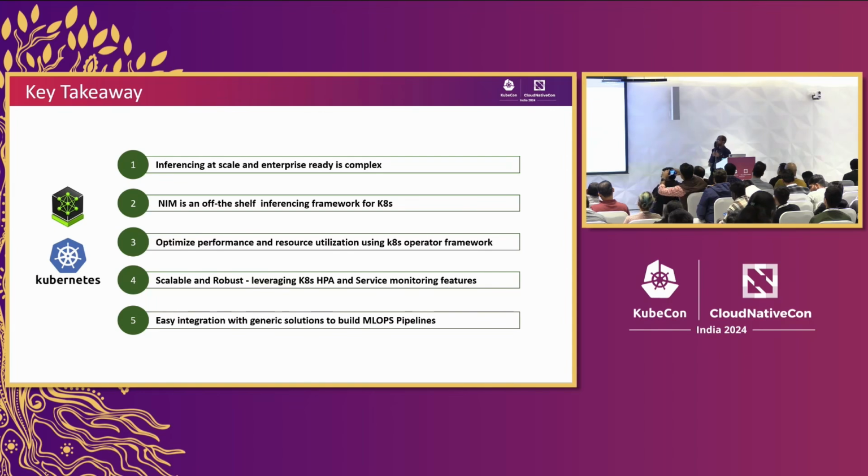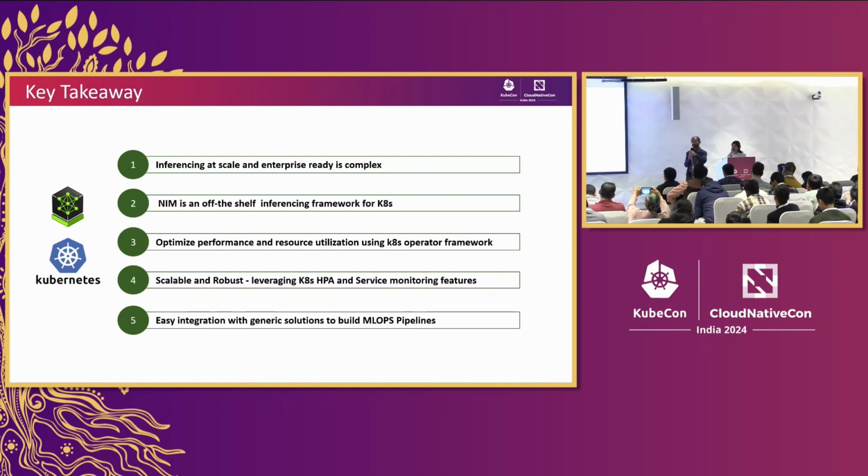Just to conclude, this is what we tried to achieve today. One is to talk about inferencing. Today it's the era of inferencing, right? 24, 25, 26 is going to be. And what is NIM? How is it going to help you in creating your inferencing AI system? How do you optimize along with K8s and the features of Kubernetes?